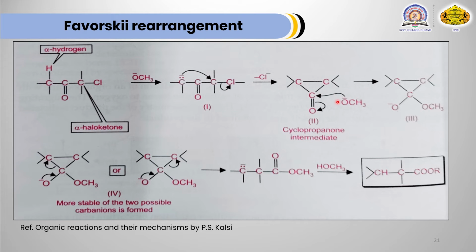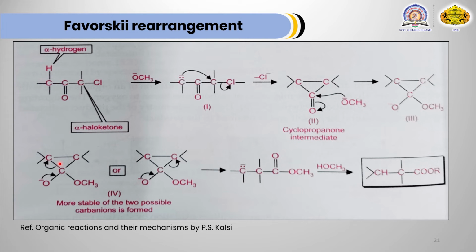Then OCH3, that is the base, attacks this carbonyl carbon, opening of this carbon oxygen bond takes place, and O minus is formed. Now when delocalization of this negative charge is taking place, this ring is going to open. Opening of the ring should be in such a way that it should produce the more stable carbanion.